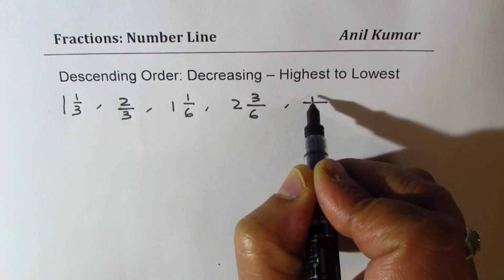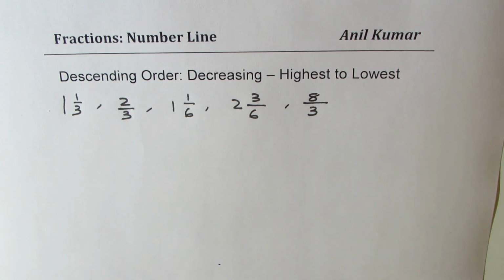Let's take this, 8. Okay, now some numbers may be same also. So let's see how to arrange them in decreasing order. That means from highest to lowest.